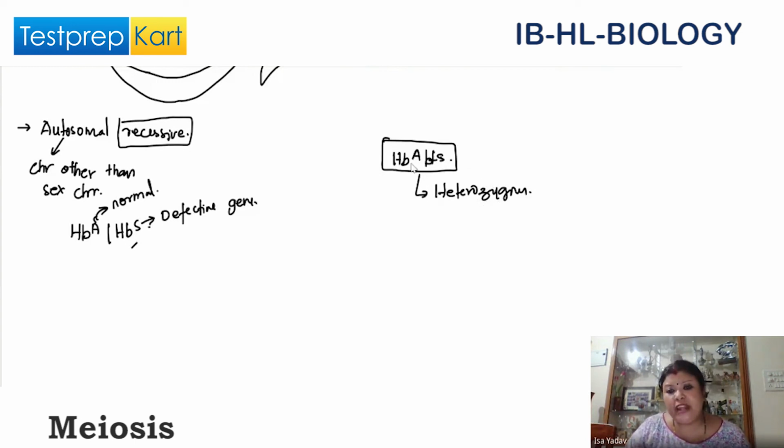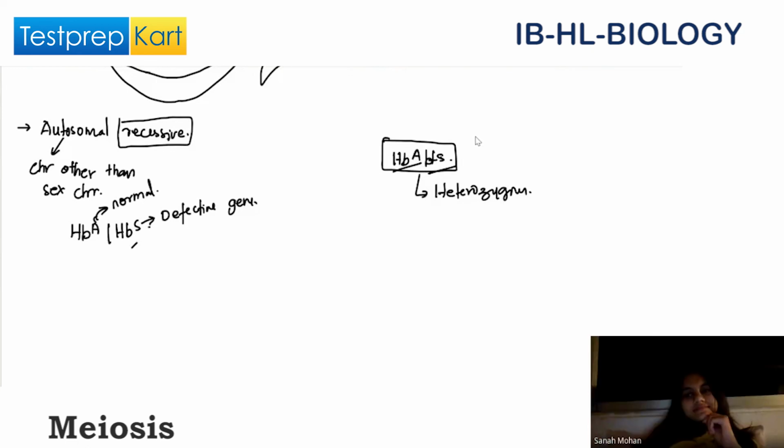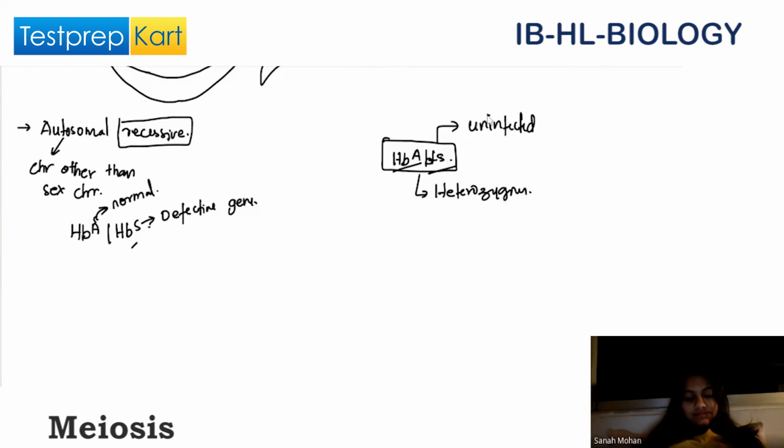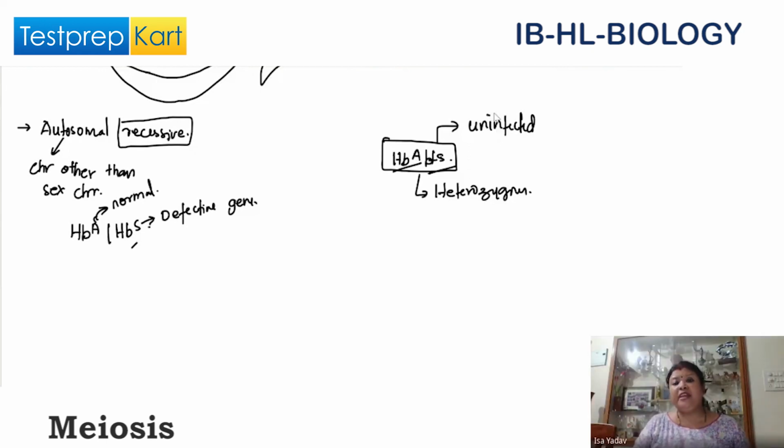That means it has HBA, which is normal, and HBS, which is defective. So these people are usually unaffected. They do not have the disease. Rather, they can be carriers.